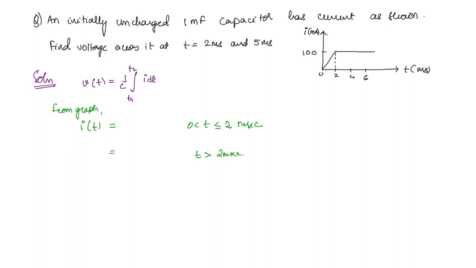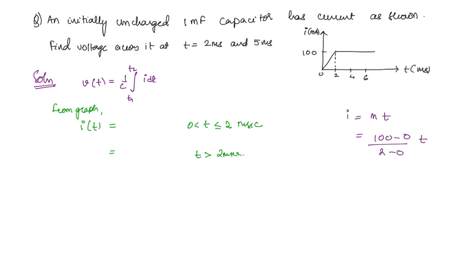Now what is the equation of this line? Since it is passing through 0, there will be no intercept. It will simply be I equal to slope into t. And what is the slope? 100 minus 0 divided by 2 minus 0, into t.